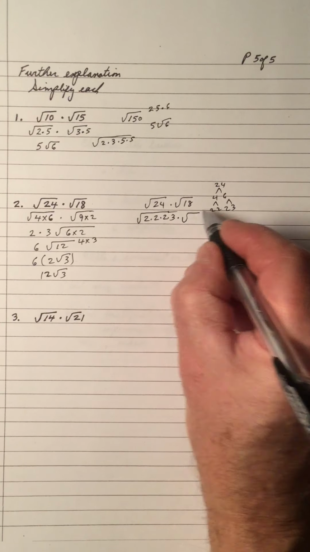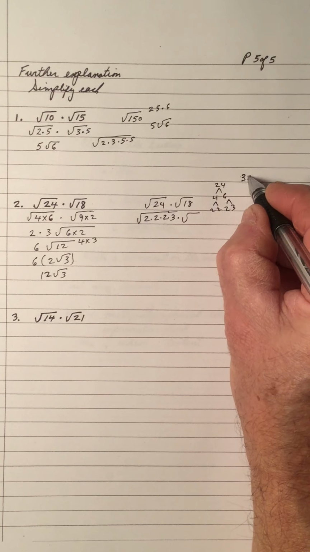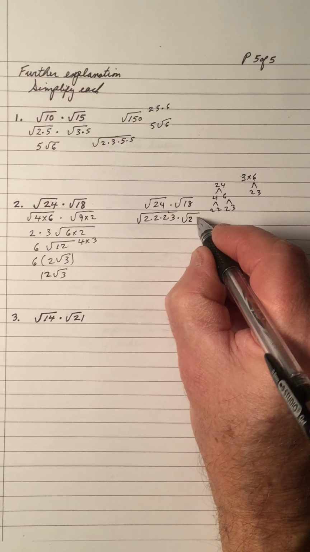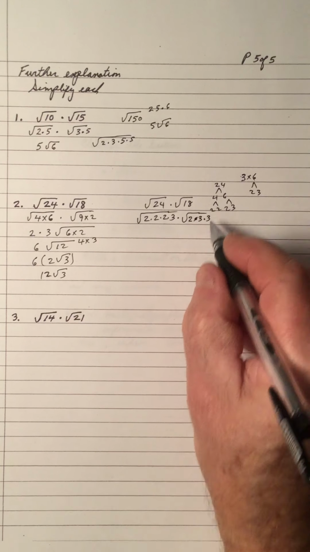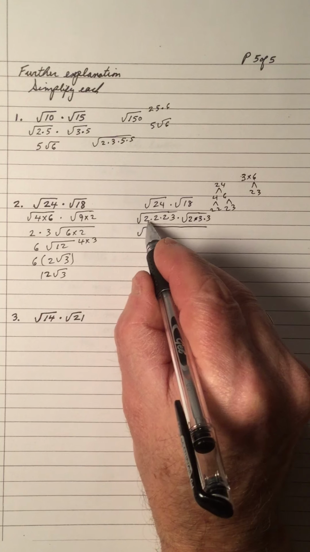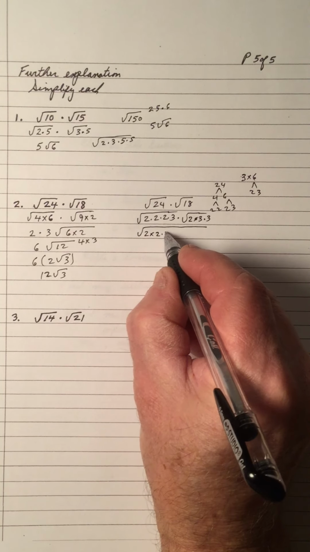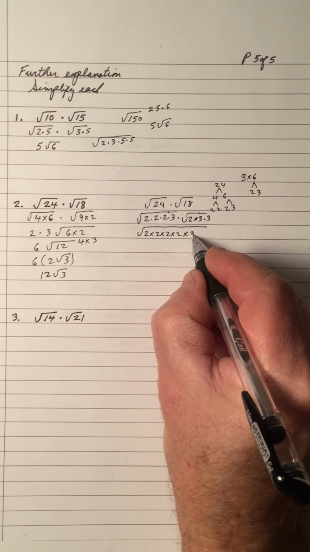And break 18 up: 18 is 3 times 6, which is 2 times 3. So 18 is 2 times 3 times 3. If you put them all together, you've got 4 2s and 3 3s.